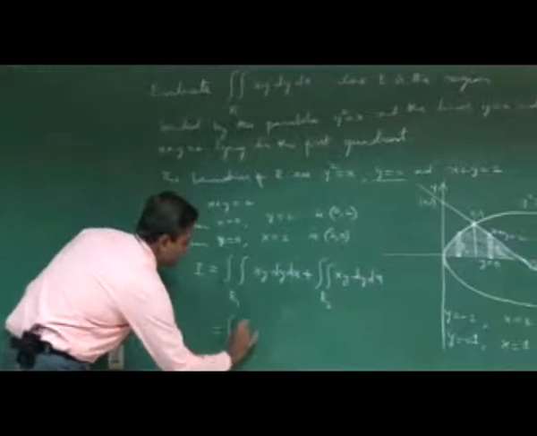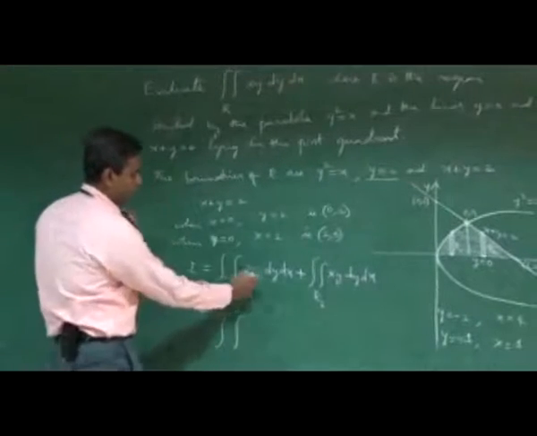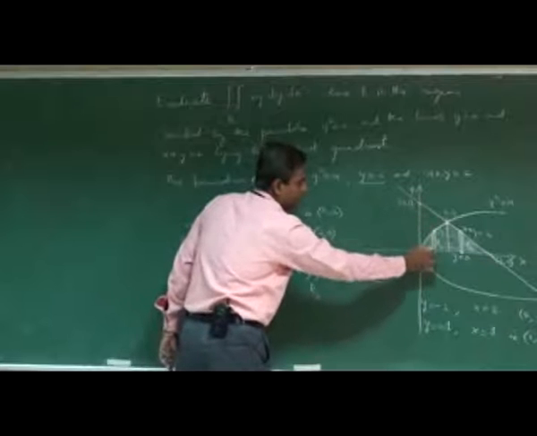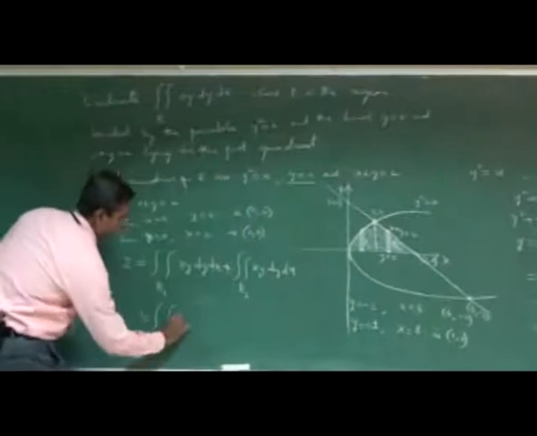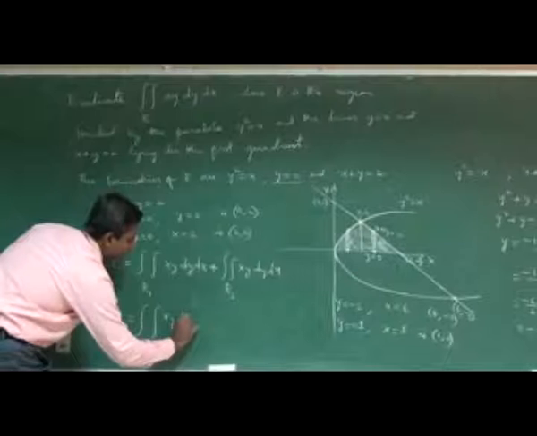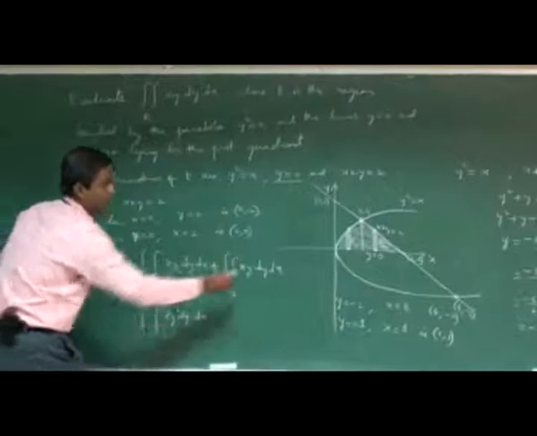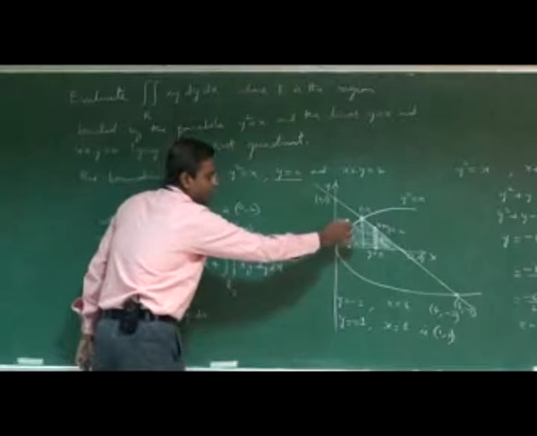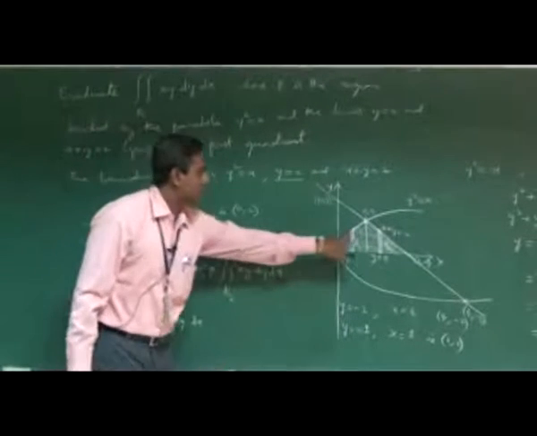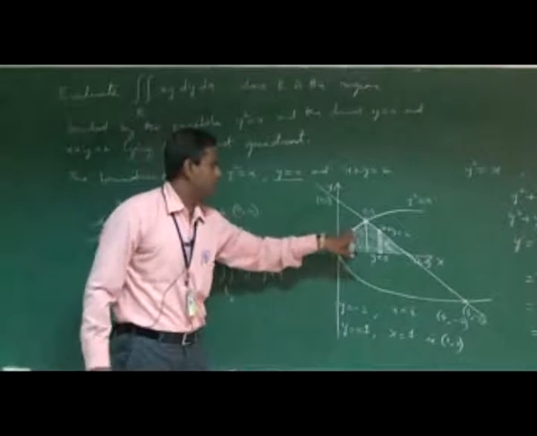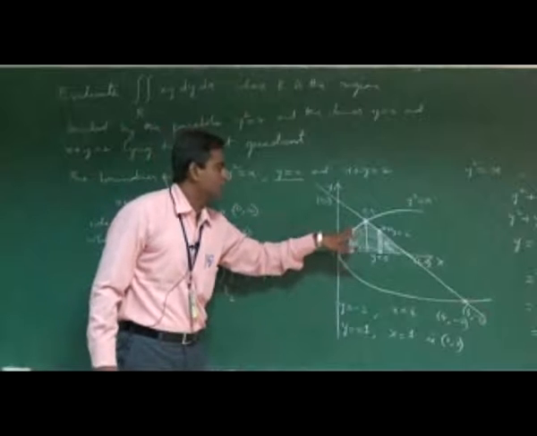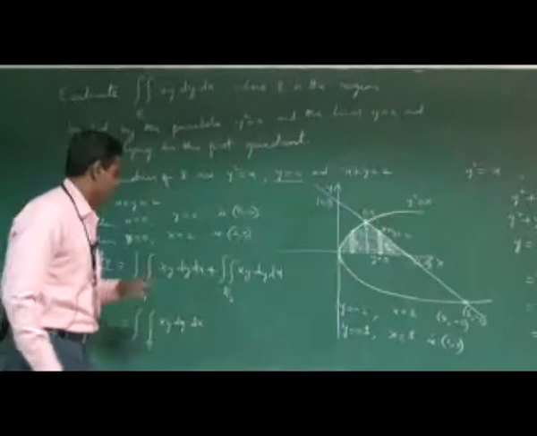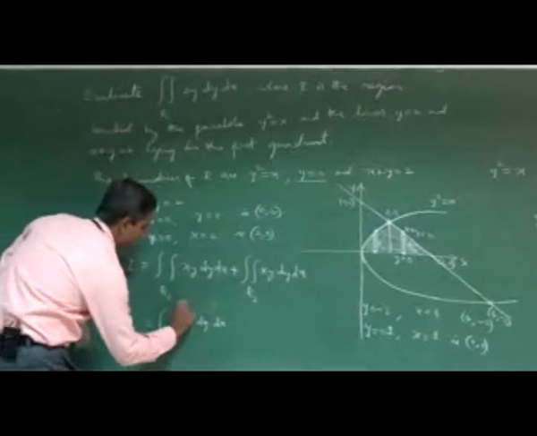So we fix the limits of the first region. We take the small strip which is parallel to the y-axis, and then what is the limit for y, for xy dy dx? The lower limit of y is 0, and the upper limit is at the top of the small strip, which lies on the parabola y squared equal to x. So the limit for y is square root of x.